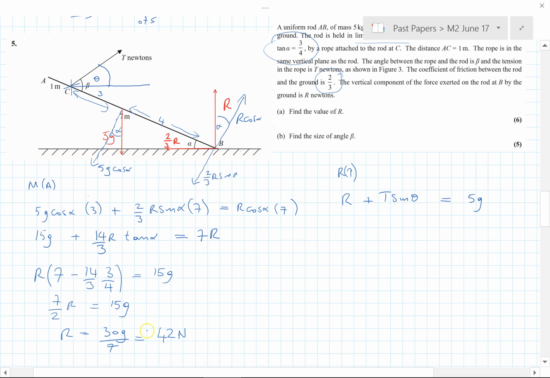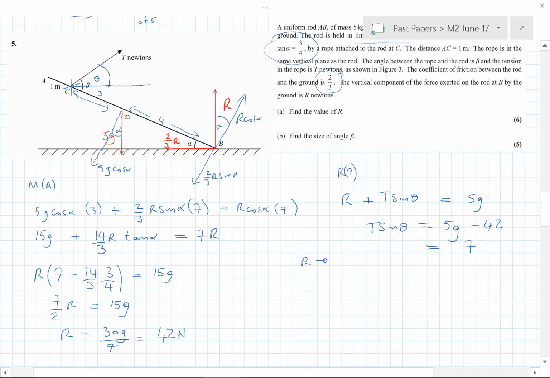But remember, r is equal to 30g over 7. So we have t sine theta is 5 times 5g take away 42, that's equal to 7 newtons. 5 times 9.8 is 49, so 7 newtons is the vertical component of t, t sine theta.